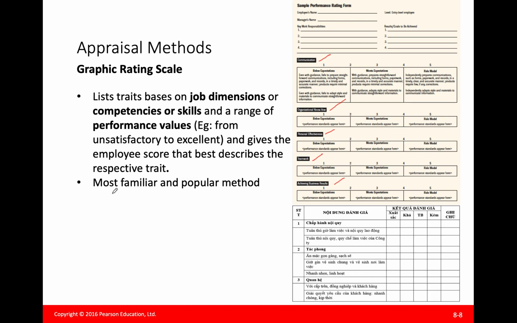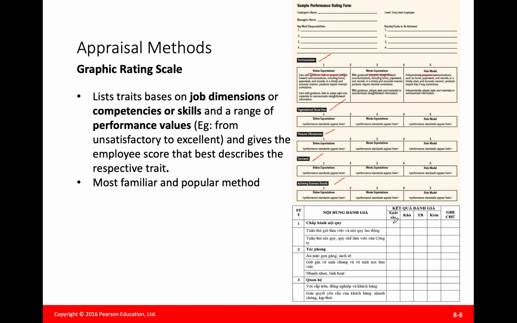And remember, each of the job dimensions will have a scale of rating. The scale can be from 1 to 5, 1 to 4, or 1 to 7, depending on how many points we want to have in the scale. In this example, they have 1 to 5, from below expectation, meets the expectation, to role model.